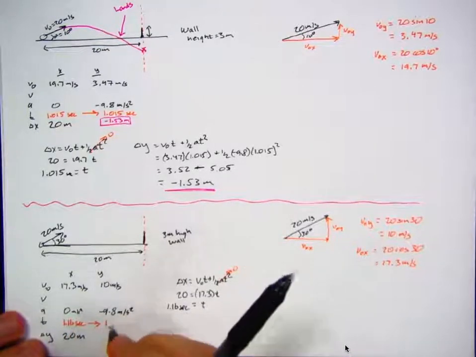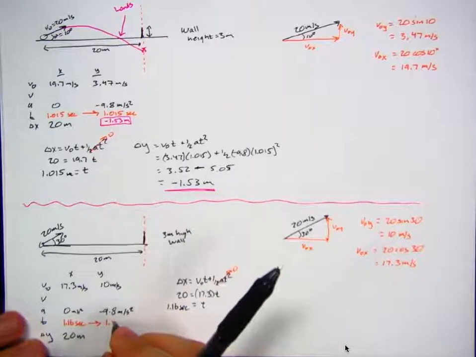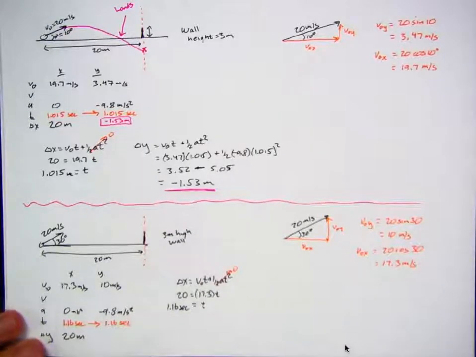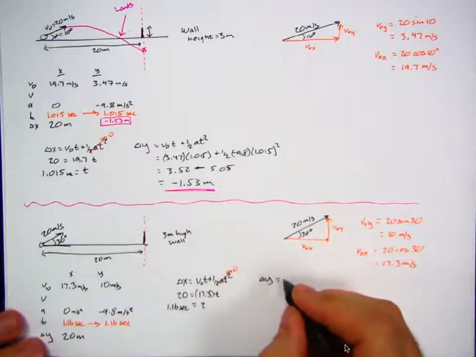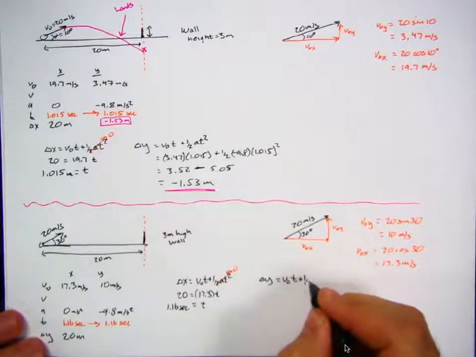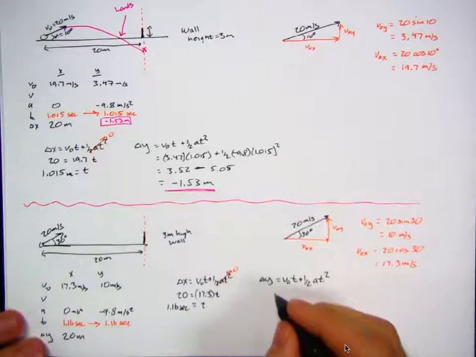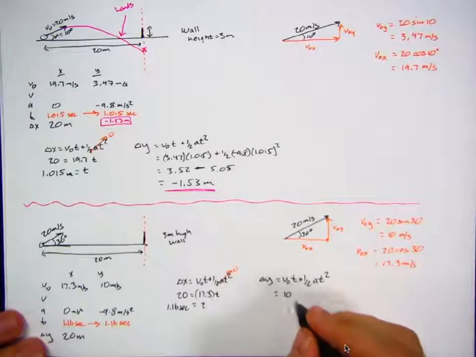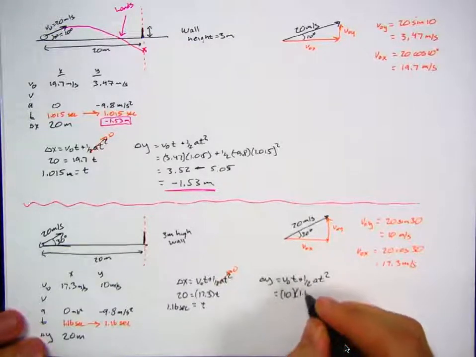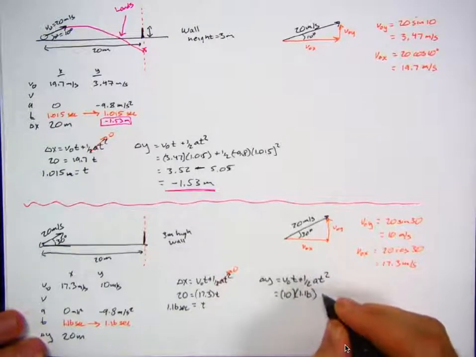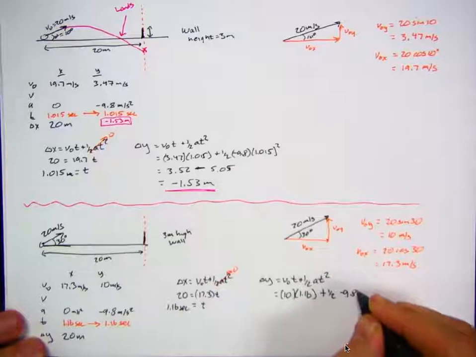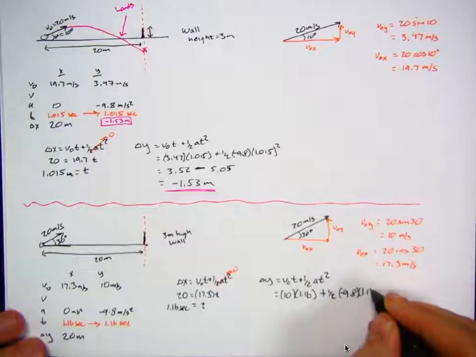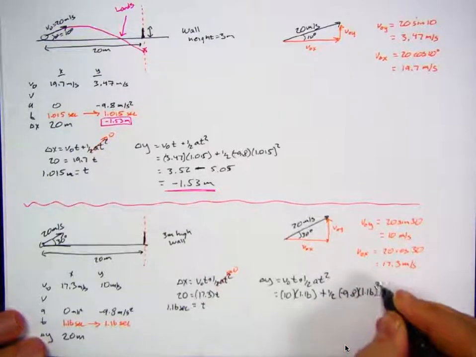What happens? Where is the ball when it is 1.16 seconds in the air? So we can go over here and say delta y equals V0t plus 1/2 at squared, which is equal to 10 meters per second times 1.16 seconds plus 1/2 times negative 9.8 times 1.16 squared.